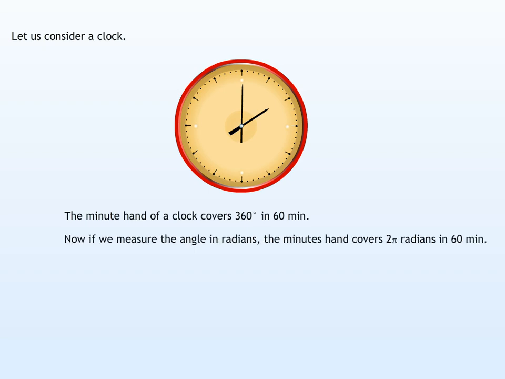Now, if we measure the angle in radians, the minute hand covers 2 pi radians in 60 minutes. From the above two statements, we can deduce that 2 pi is equal to 360 degrees. Therefore, pi is equal to 360 degrees by 2, which is equal to 180 degrees. So, pi is equal to 180 degrees.